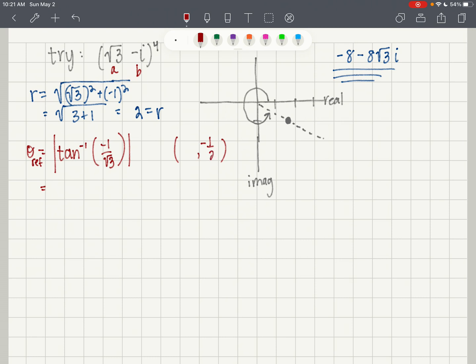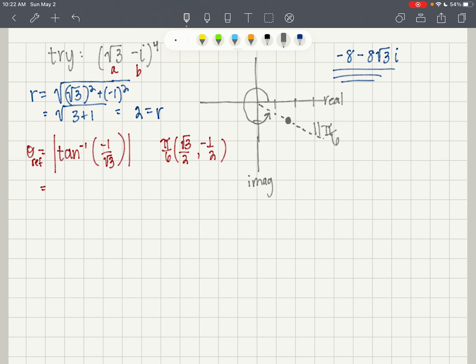So negative 1 over square root of 3, that's definitely quadrant 4, positive horizontal, negative vertical, and that's a pi over 6 angle. So confirmed. And that's why we want to be thinking of this. See, this looks like a pi over 6 angle, right? I would say it's an 11 pi over 6 angle because it's in quadrant 4.